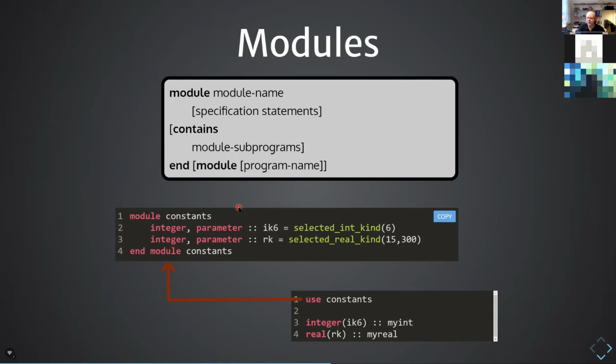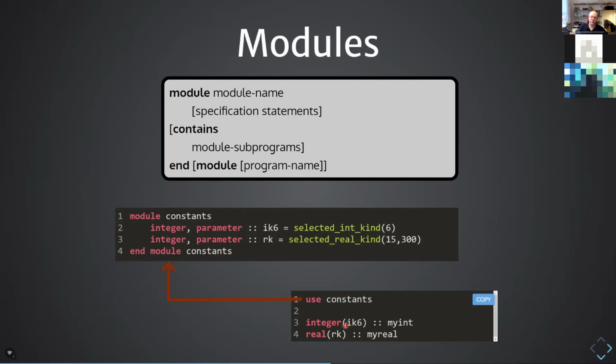If you want to access those, from your calling program you have to use the use statement and give the name constants afterwards. So here I say I want to use the module constants. Then all the declarations done in constants will be available to my calling program. So now I can use the ik6 constant and my rk here.